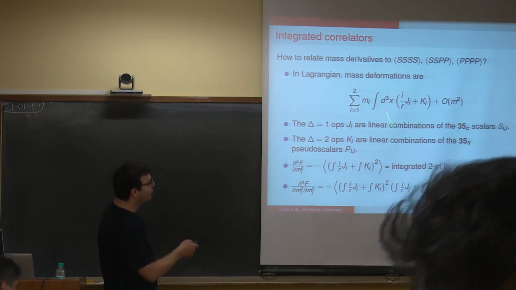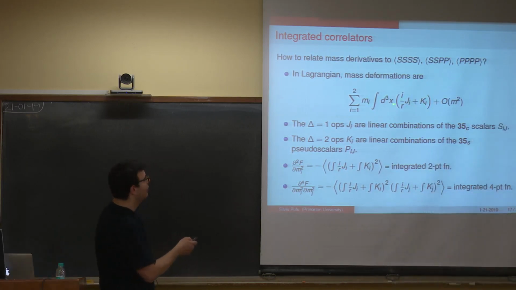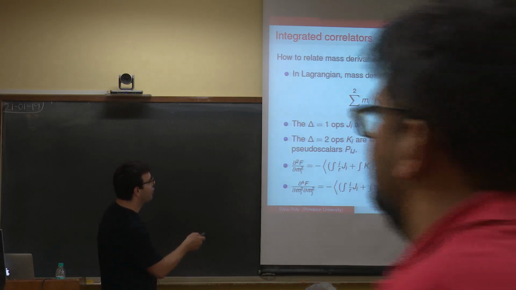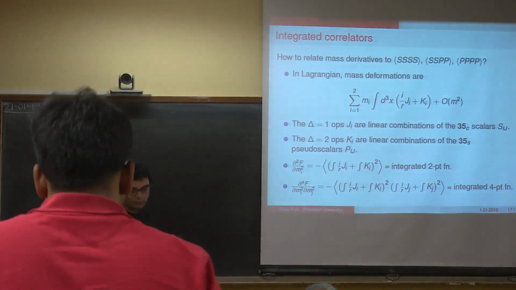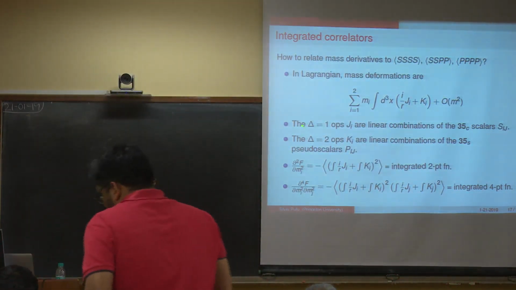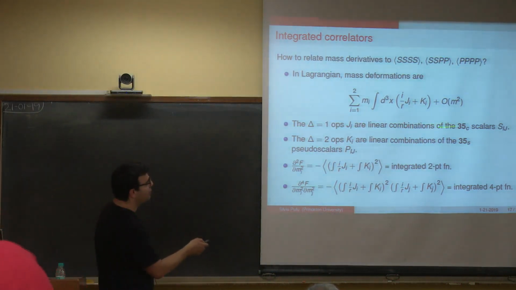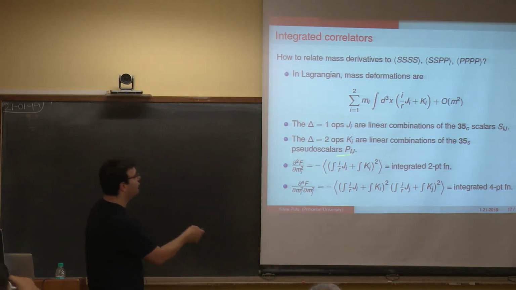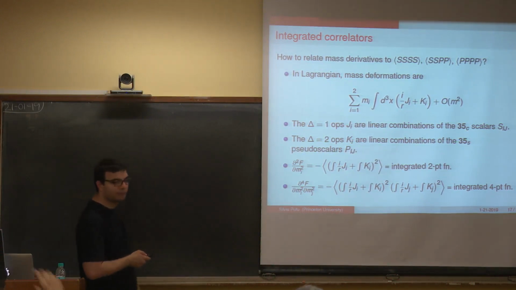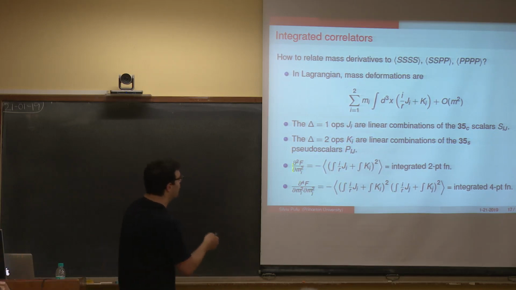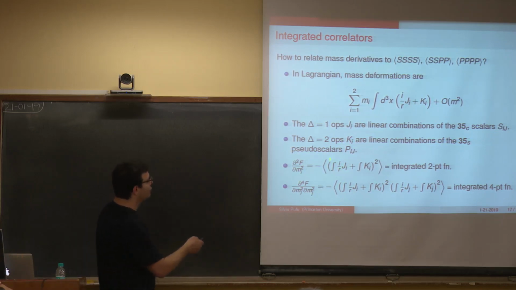The mass parameter multiplies some operator. On the sphere, at linear order in m, there's a linear combination of a dimension 1 operator and a dimension 2 operator. The dimension 1 operator is a linear combination of the 35 scalars S, and the dimension 2 operator is a linear combination of the 35 pseudoscalars P. If we take two derivatives with respect to the mass, we get the integrated two-point function of this operator.